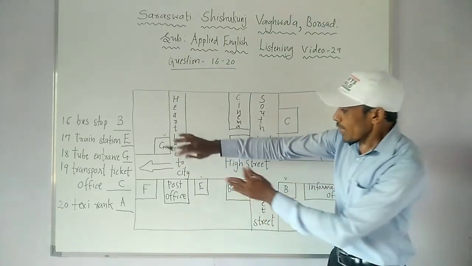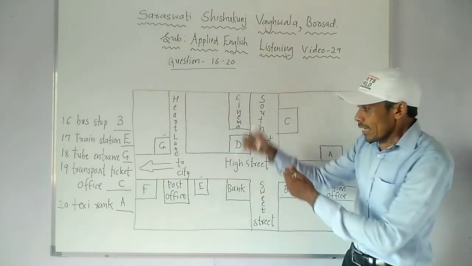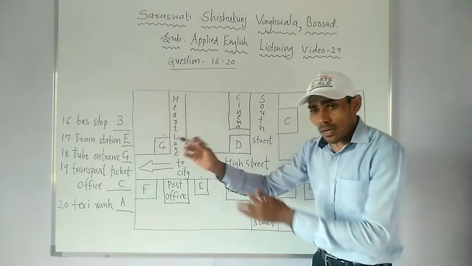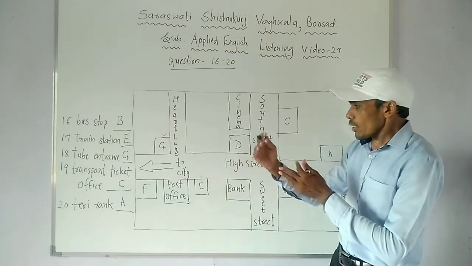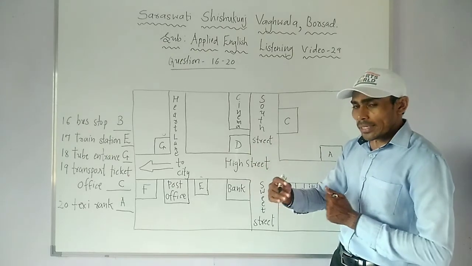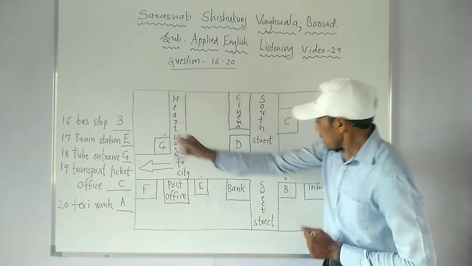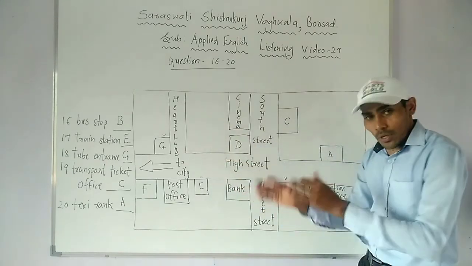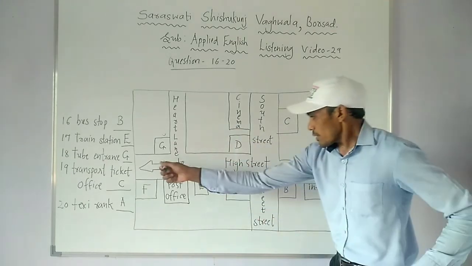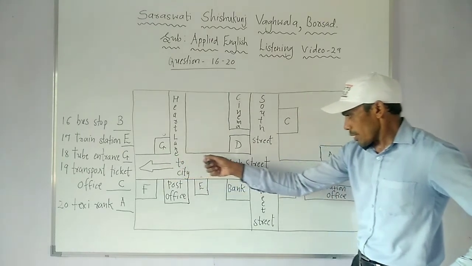And from there, you need to book a ticket. Now, the transport ticket office. The man says that you need to book a train ticket. So how is the explanation? You need to go out of High Street, then again come here.